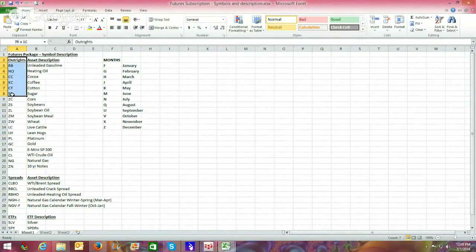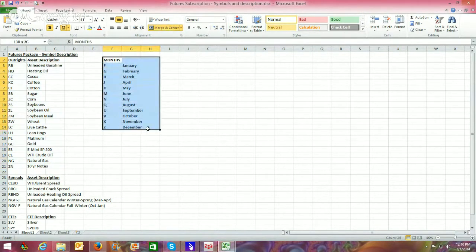So it's going to show you the outright root symbols for the futures symbols that we trade. Then it's going to give you a description of each of these, and then it's going to show you the months. Now these months are just universal. They've always been this, they will always be this, you just memorize them. So you can see F is January and it ends in Z, December, end of the alphabet.